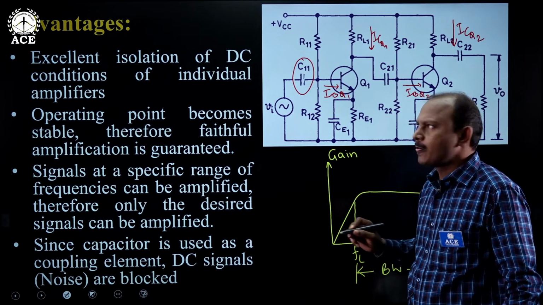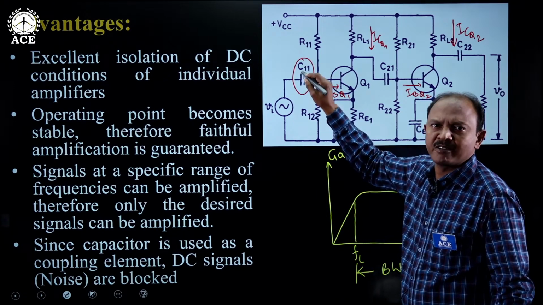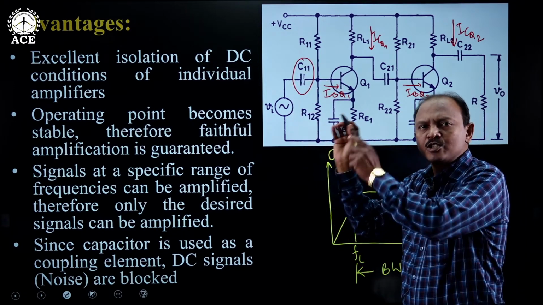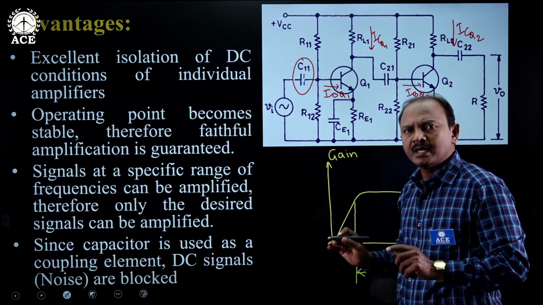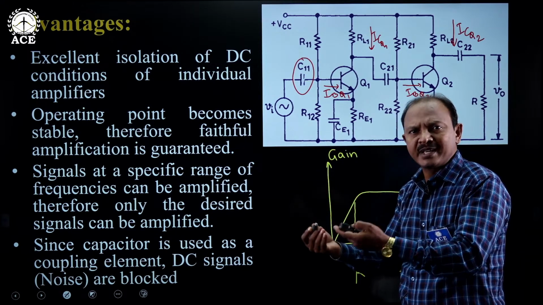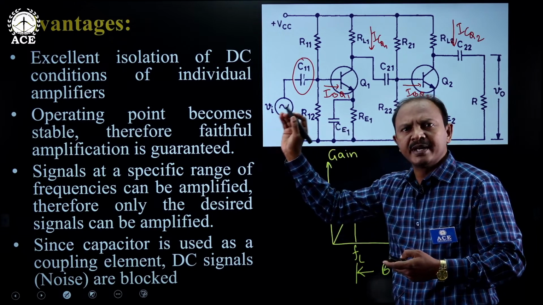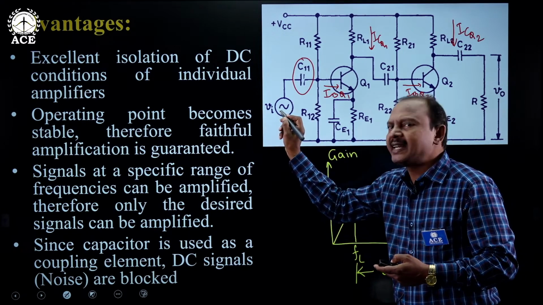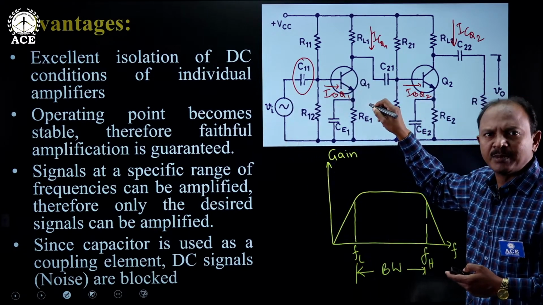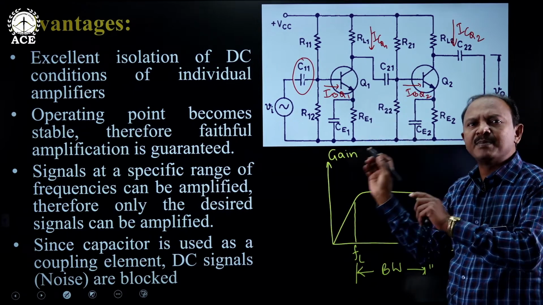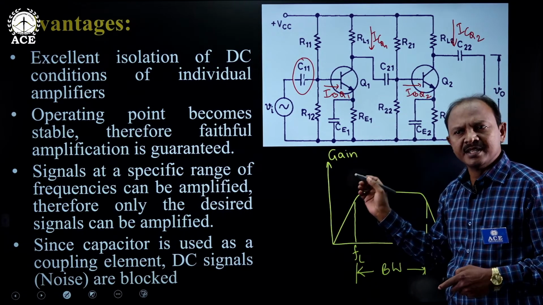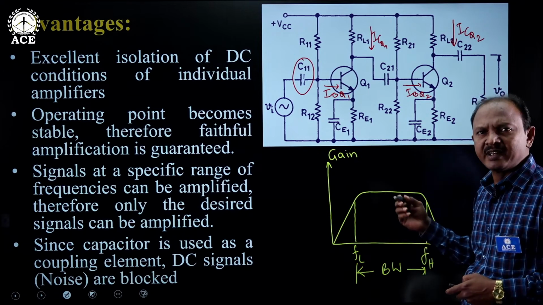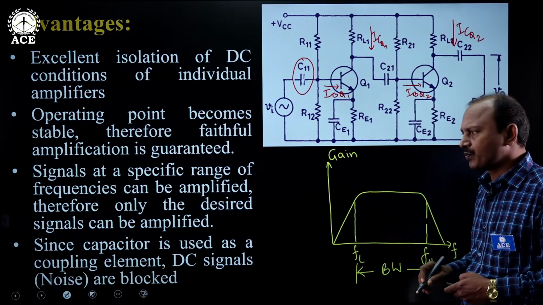But no problem. We have a blocking capacitor C11 here. This blocking capacitor will stop or block the DC component, or unwanted DC component can be considered as noise here. That noise component can be blocked here. Only the desired AC signal is allowed to enter into the amplifier. As a result, noise amplification is completely avoided in this amplifier. That is another significant advantage of this coupling scheme.